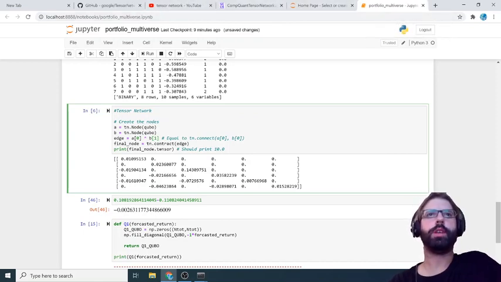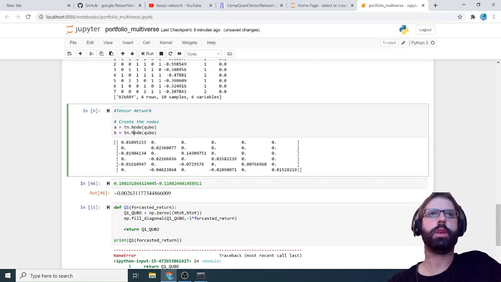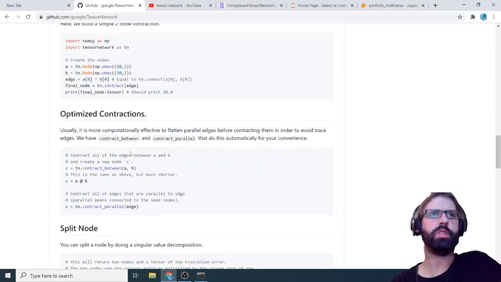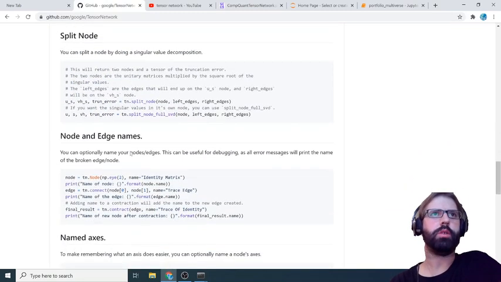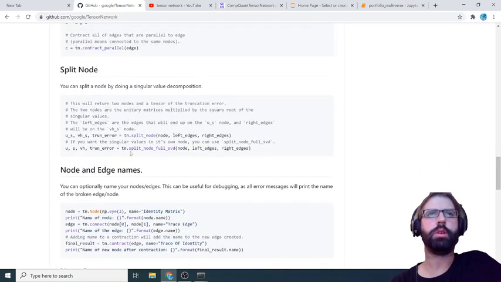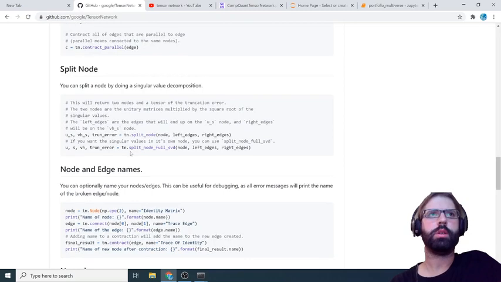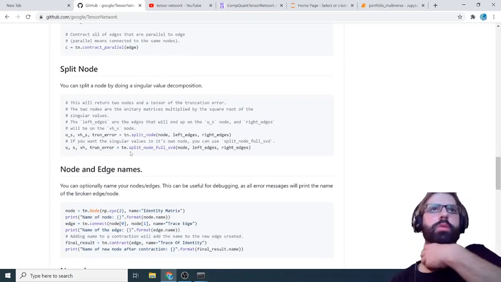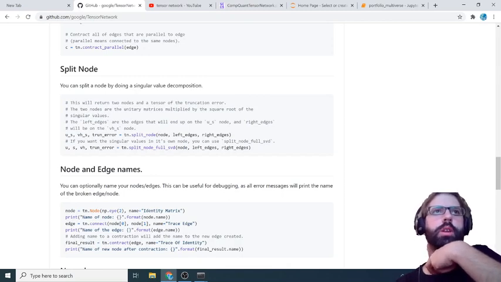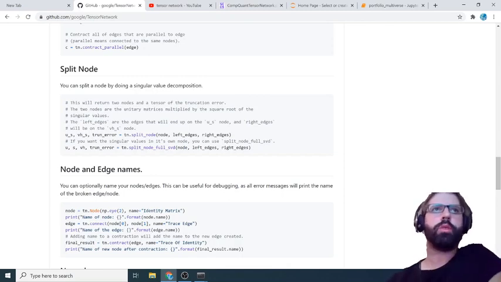But now the question is, cool, I have a Cubo. And now what? I think in theory you could split node. Yeah, split node. This will return two nodes and a tensor of the truncation error. The two nodes are the unitary matrices multiplied by the square root of the singular values.